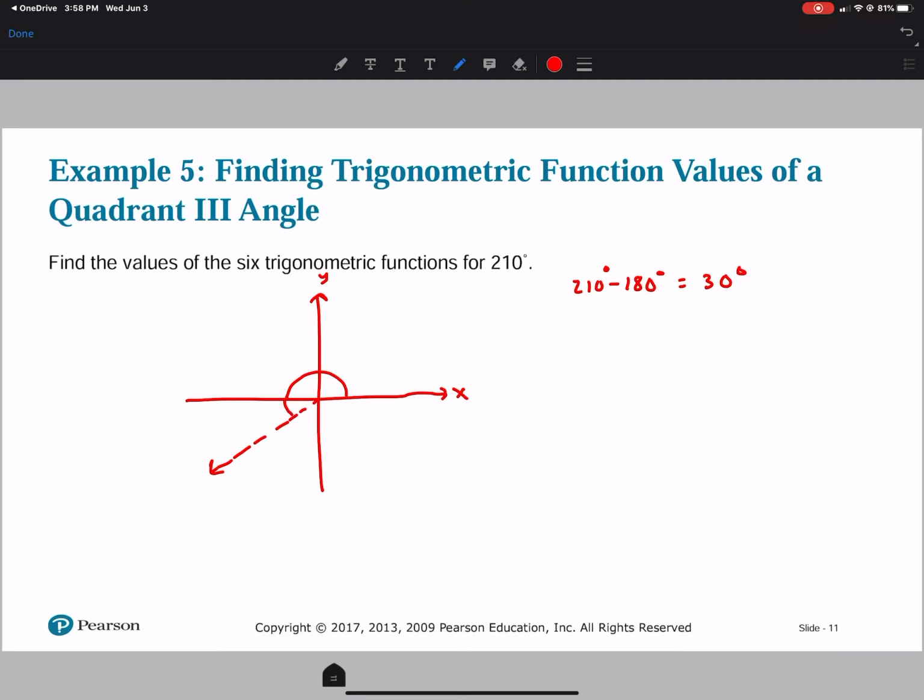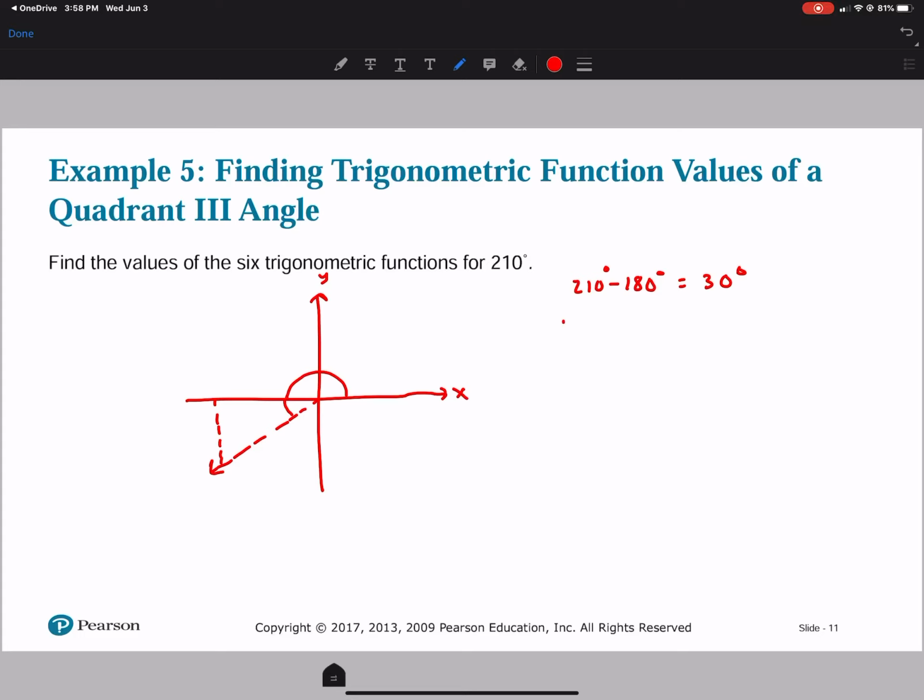So basically, now we have to keep in mind what we're doing. We're looking for the sine, cosine, tangent of 210. Now, the thing is, we know that certain ones are negative. We know that sine is negative and cosine is negative. All right?